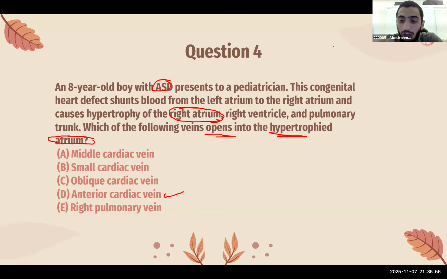And based on that, the middle cardiac vein, the small cardiac vein, the oblique cardiac vein, all these go to the coronary sinus. Everything goes to the coronary sinus except the anterior cardiac veins and the other small veins we talked about. The pulmonary veins, even though it says right, all go to the left atrium.